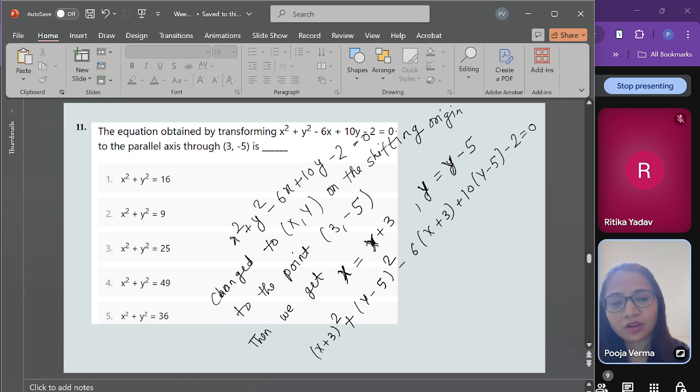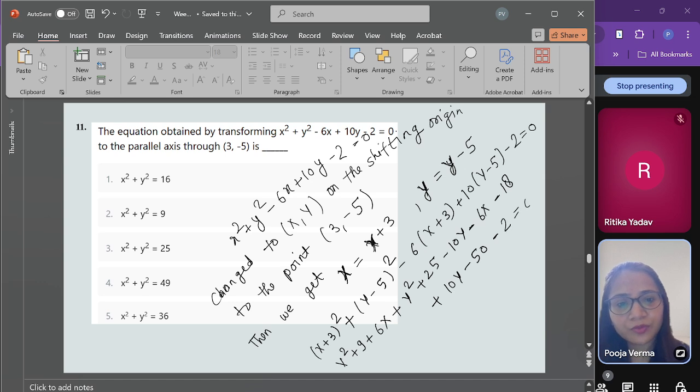Just solve it. We will get x square plus 9 plus 6x, using a square plus b square plus 2ab. Similarly, for this one, y square plus 25 minus 10y, minus 6x minus 18, plus 10y minus 50 minus 2. Let's check if anything cancels out. 6x minus 6x and 10y minus 10y will cancel out.